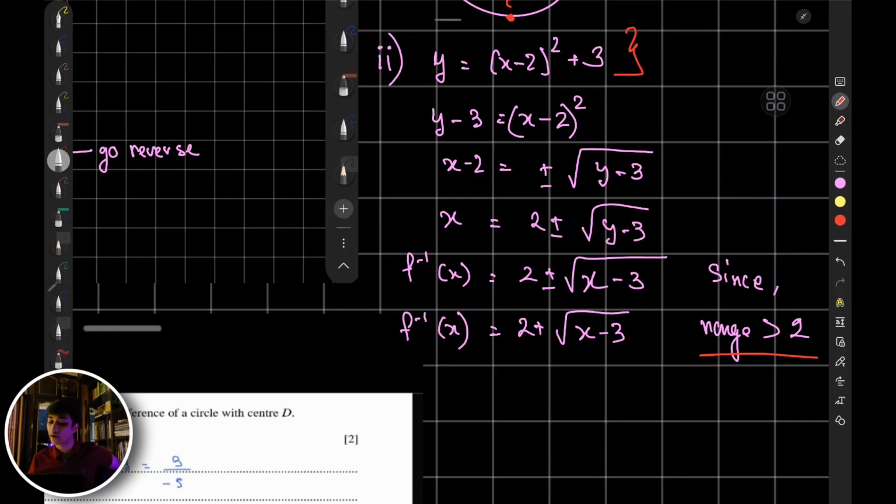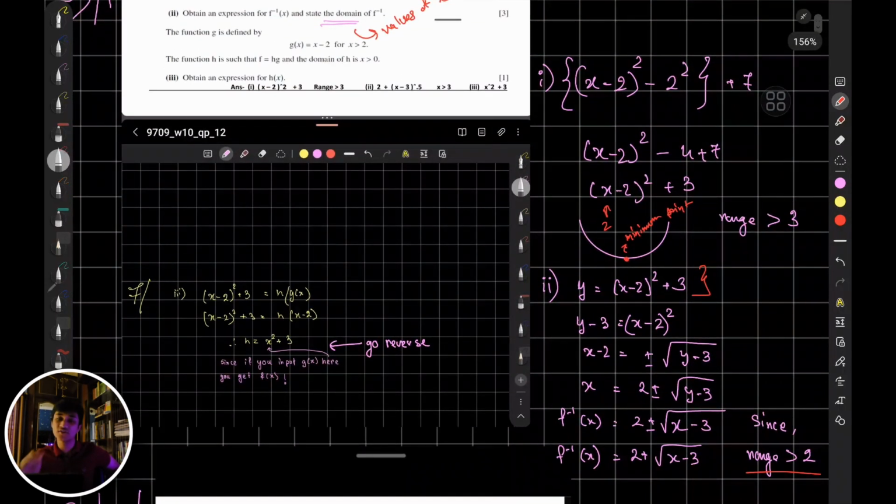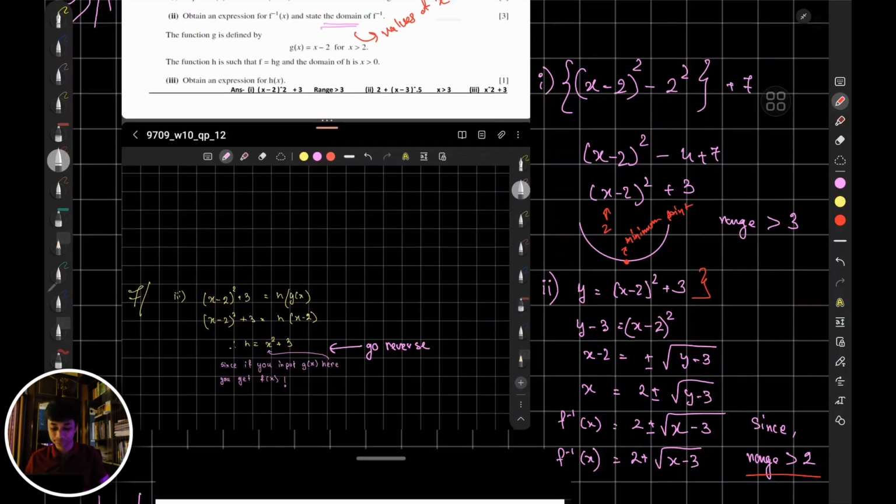So this is why you take only the positive sign. You do not keep your answer as plus and minus. You keep it as either a plus or minus. When you have a range given, you have to calculate accordingly and figure out whether positive is going to satisfy your range or the negative is going to satisfy your range. So you have to figure that out and keep it in mind.